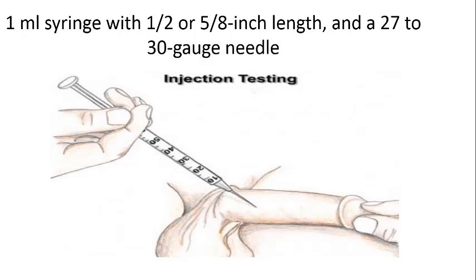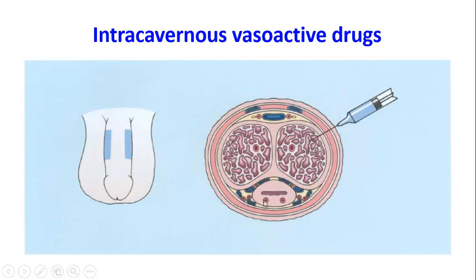Injection will be in the mid shaft of the penis, on one side only, either at 2 o'clock or at 10 o'clock. I repeat, on one side only, because there is communication between the 2 corpora cavernosa; the septum in between is incomplete.